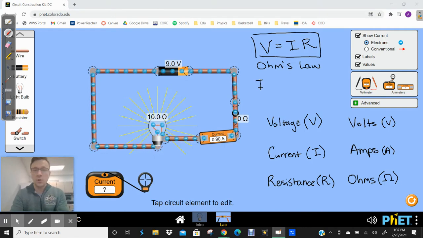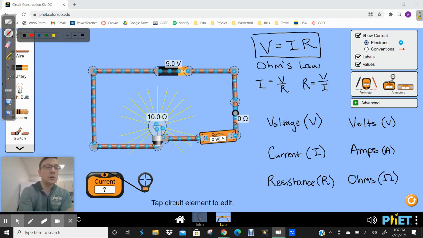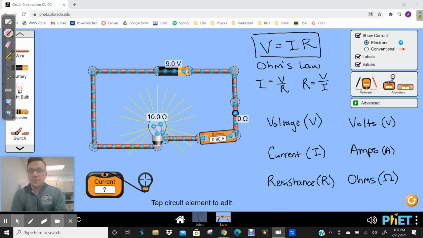For current, current is equal to voltage divided by resistance. Or we could solve for resistance, which is equal to voltage divided by current. The point here is that current and voltage are directly proportional to one another, meaning that if I increase the voltage and leave the resistance the same, the current will also increase.